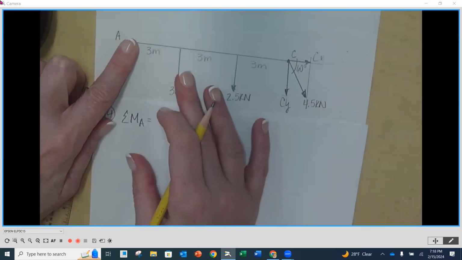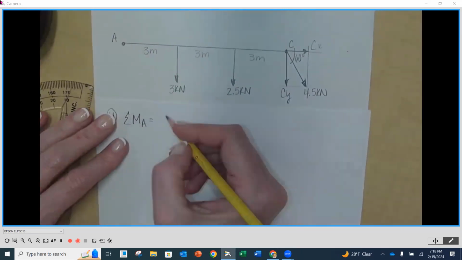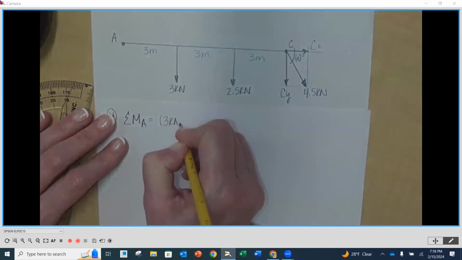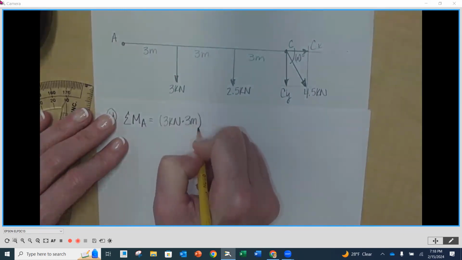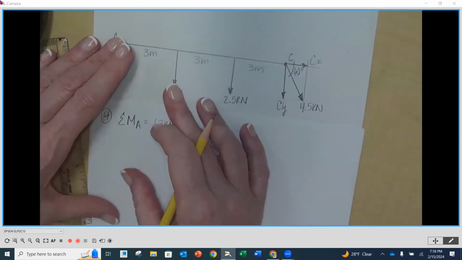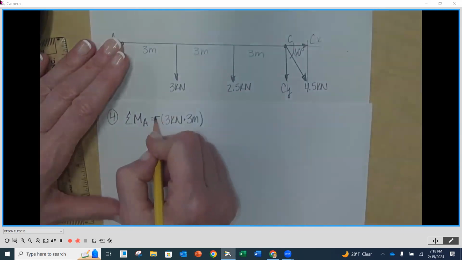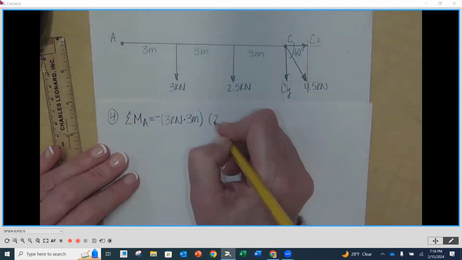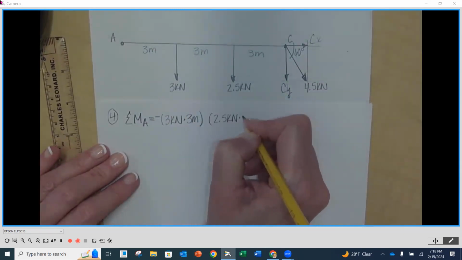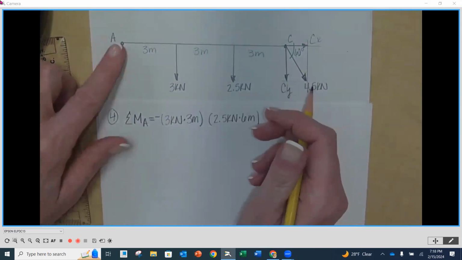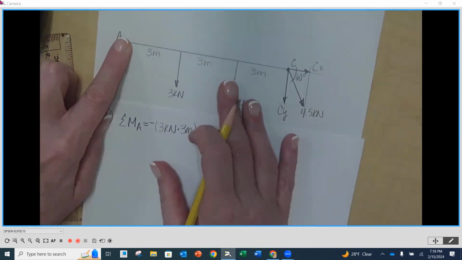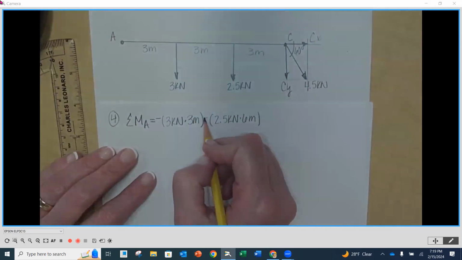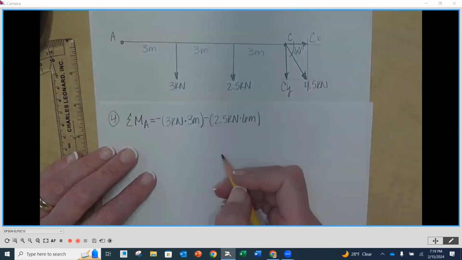So the first one is 3 kilonewtons. So it's going to be 3 kilonewtons times 3 meters. And it's going to rotate clockwise, so that's going to be negative out front. Then we're going to be 2.5 kilonewtons times 6 meters, and it as well is going to go clockwise, so negative out front of that one as well.